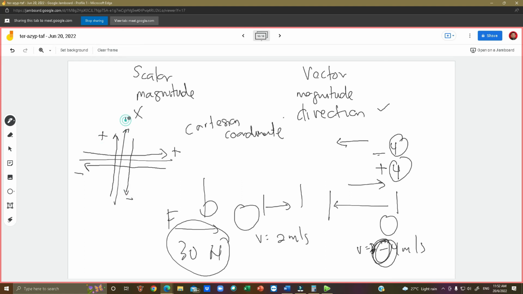Ni paksi Y, ini paksi X. When we talk about X, it is more towards direction left and right, and this is more towards velocity. But when we talk about Y, it is more towards up and bottom, and it is more towards acceleration. So positive acceleration means increase of velocity. Negative acceleration means decrease of velocity. Ini maksud direction in vector.